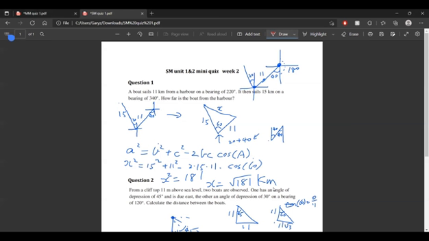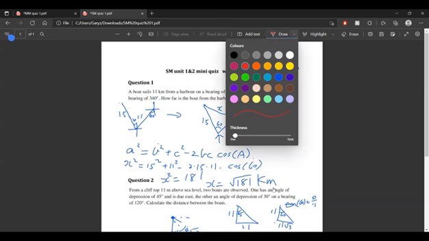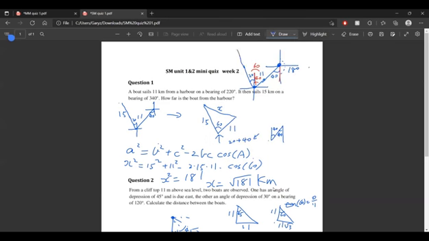If this angle here is 40 degrees, this angle here would also be 40 degrees as these two lines are parallel. So this whole angle here is 60 degrees. Anyway, we continue this line for 15, and that's where the boat finishes.